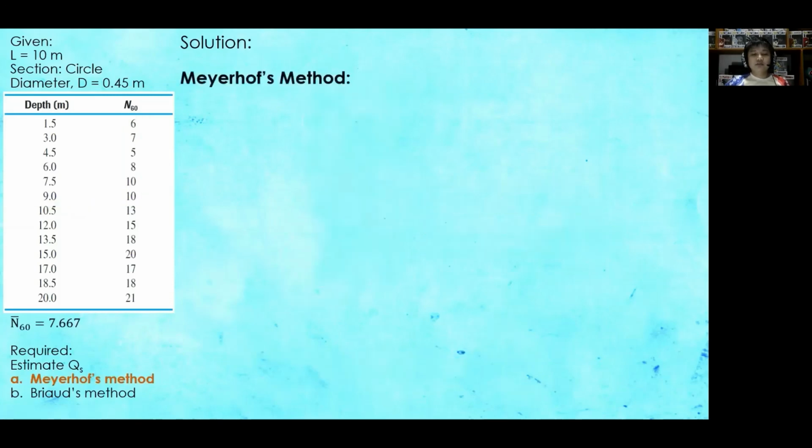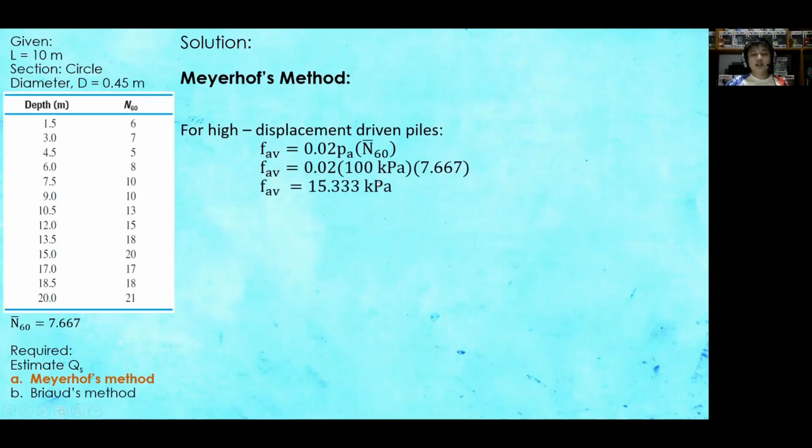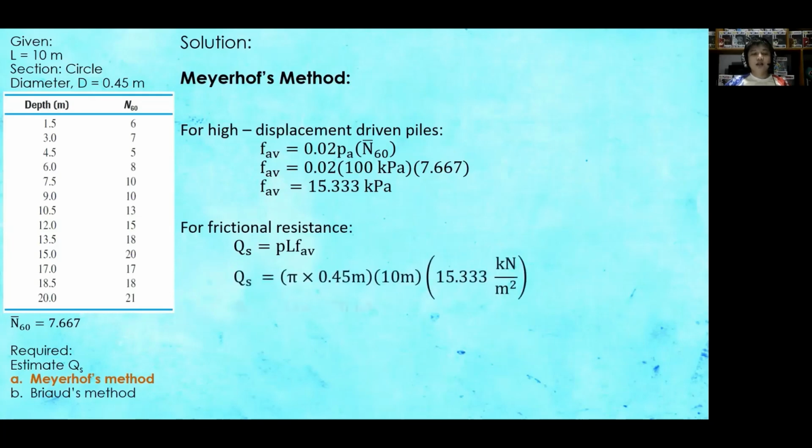For Meyerhoff's method, for high displacement driven piles, f sub o is equal to 0.02 times PA, which is 100 kilopascals, times N60 bar of 7.667. Therefore, our f sub o is 15.333 kilopascals. For frictional resistance, we substitute our f sub o into the equation, then multiply it to the perimeter.